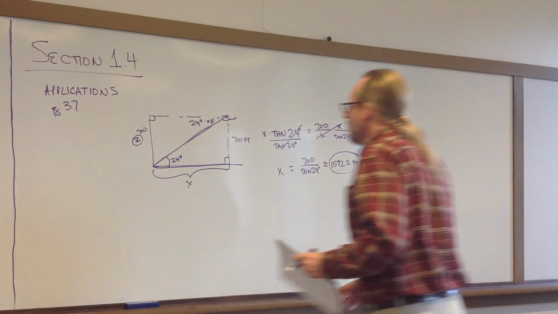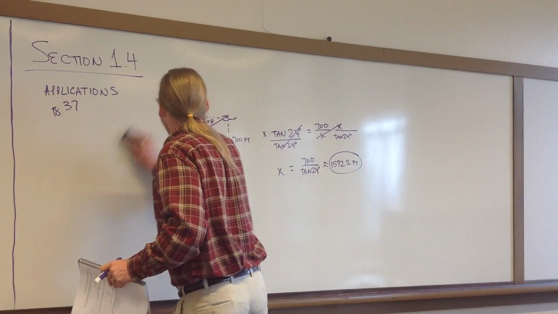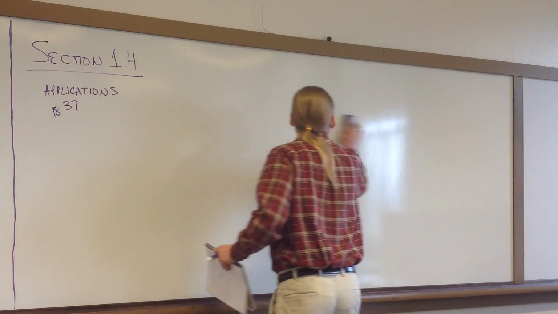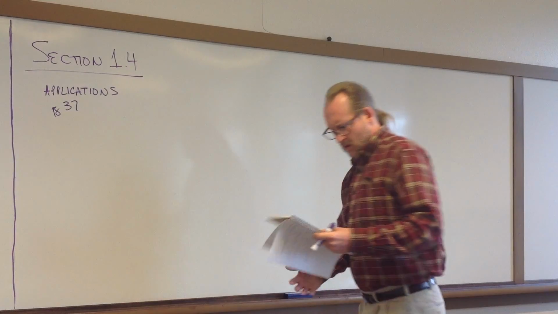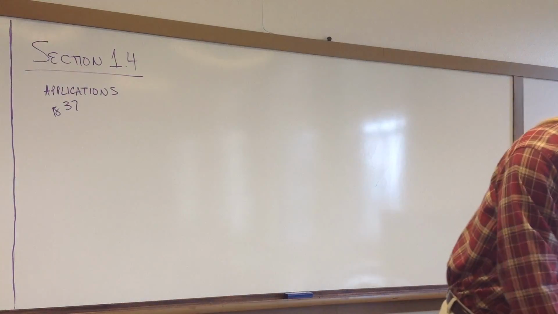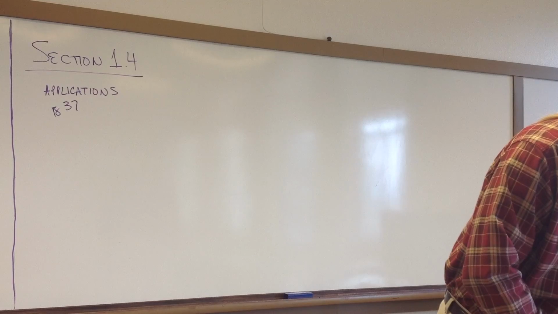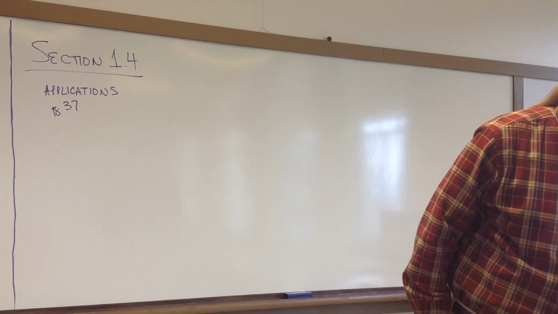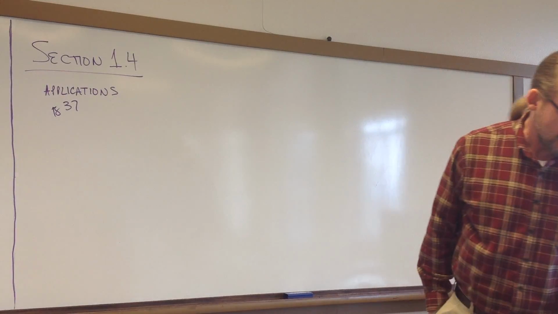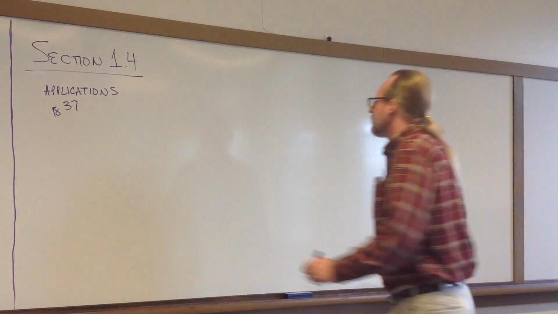Problem 4. A 275-foot guy wire is attached to the top of a communication tower and makes an angle of 53 degrees with the ground.